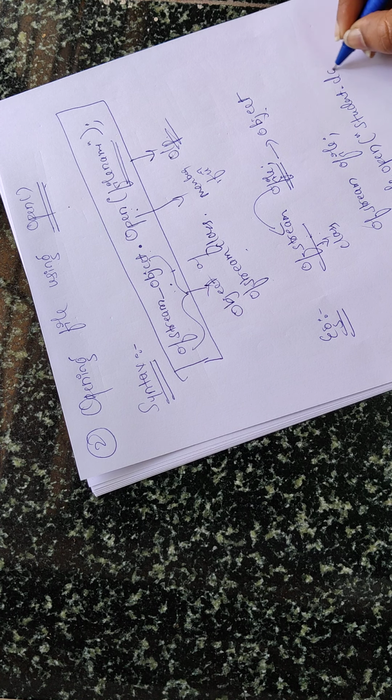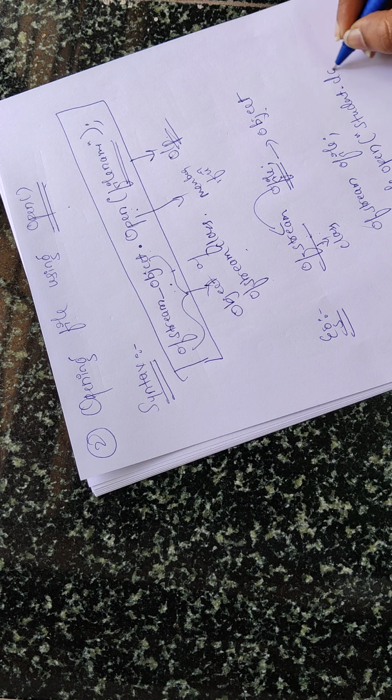That thing you have to fix in your mind. Input purpose means ifstream object and output purpose means ofstream class object. Fine. So this is the example and the syntax we have to remember when opening a file using the open member function, and it has been differentiated.